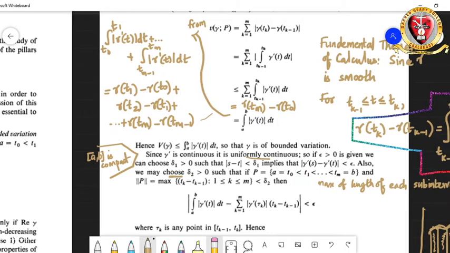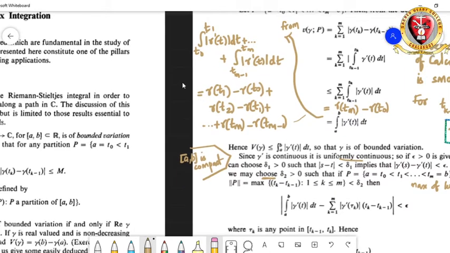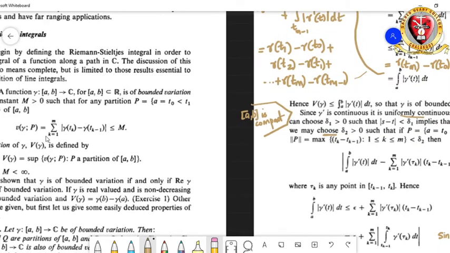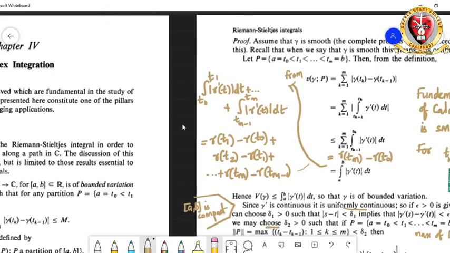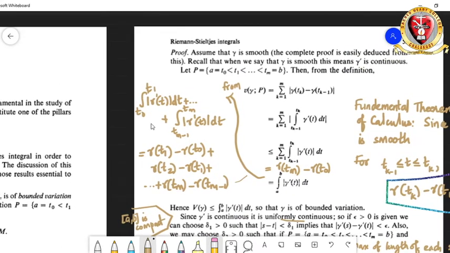So first let's take that sum which we discussed while we were doing the definition. V of gamma, P is equal to summation k equals 1 to m of modulus of gamma of tk minus gamma of tk minus 1. So we are taking that definition here.